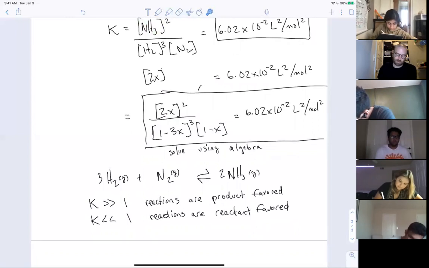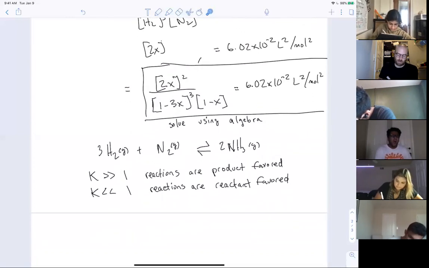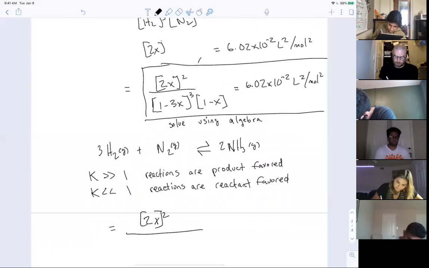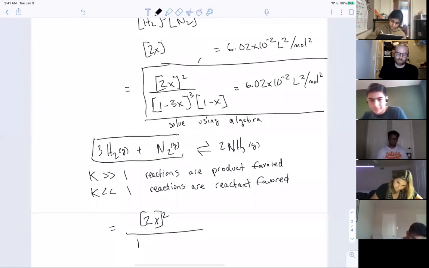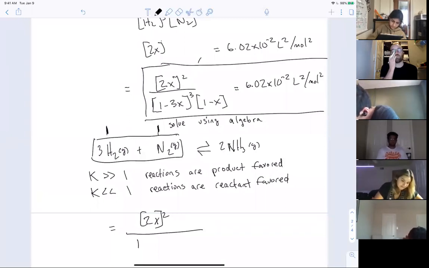And so sometimes what you can get away with doing is saying, well, I don't know exactly what x is going to be, but I know x is going to be small because I'm not going to form much ammonia, meaning that I'm not going to lose much. If the reaction is favored to this side, that means that the concentrations of hydrogen and nitrogen aren't going to change very much.